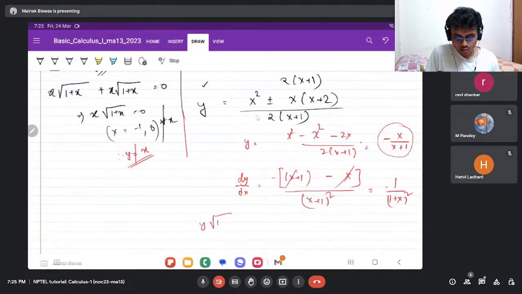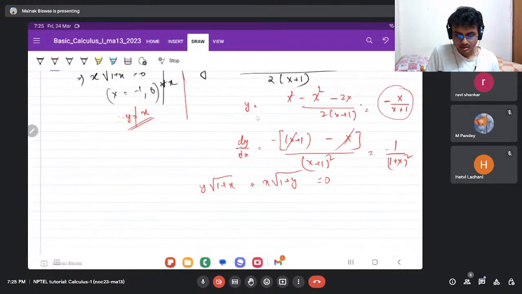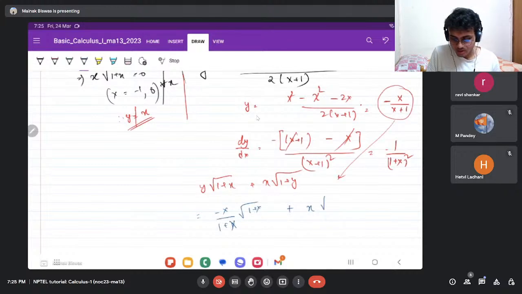So the equation was root over of this plus x into 1 plus y is equal to 0, right? Put y, this value here, what do you get? What do you get? Minus x by 1 plus x root over of 1 plus x plus x into 1 minus x by 1 plus x, right?